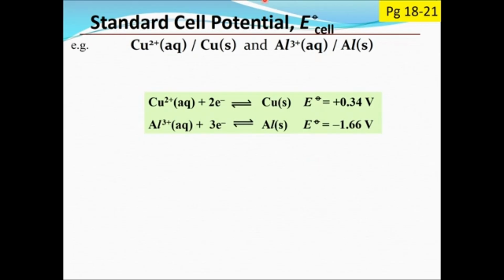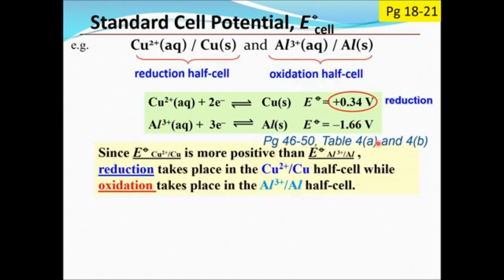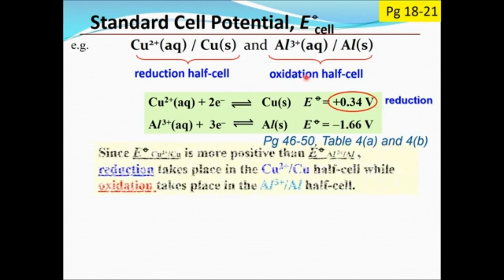So as in these two examples, you realize that to write a balanced equation, I've got to multiply the first half equation by 3, the second half equation by 2, right? But in terms of the calculation, it's independent. Okay, so the values that we have, we can take from the data booklet table. We know that this case is a reduction, while the other case is an oxidation.